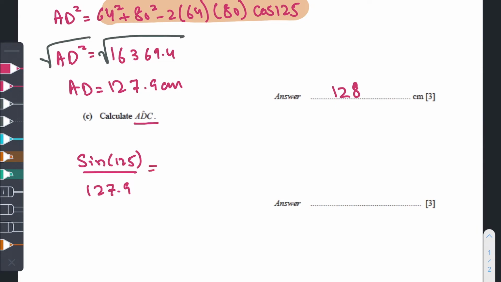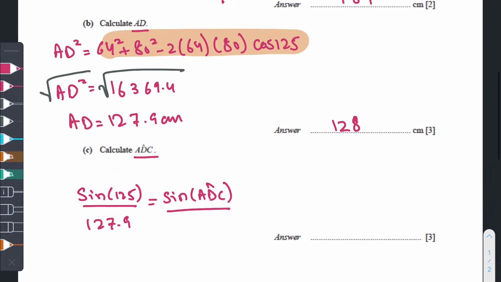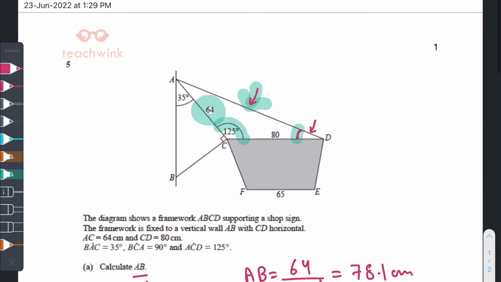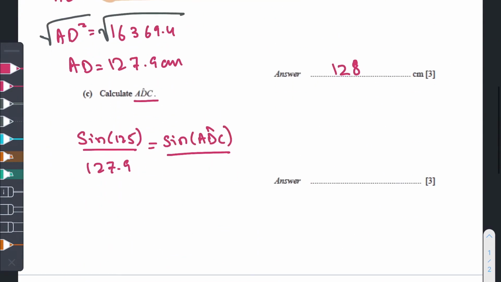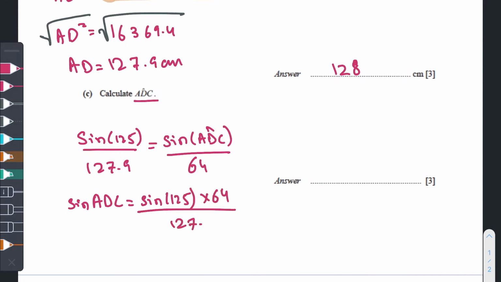This is equal to sine of angle ADC, the angle that we are looking for, over, let's see what the length is. Since ADC is this angle, the length in front of it is 64. So we write 64 over here. Now we cross multiply it. You do sine ADC is equal to sine 125 times 64 divided by 127.9.